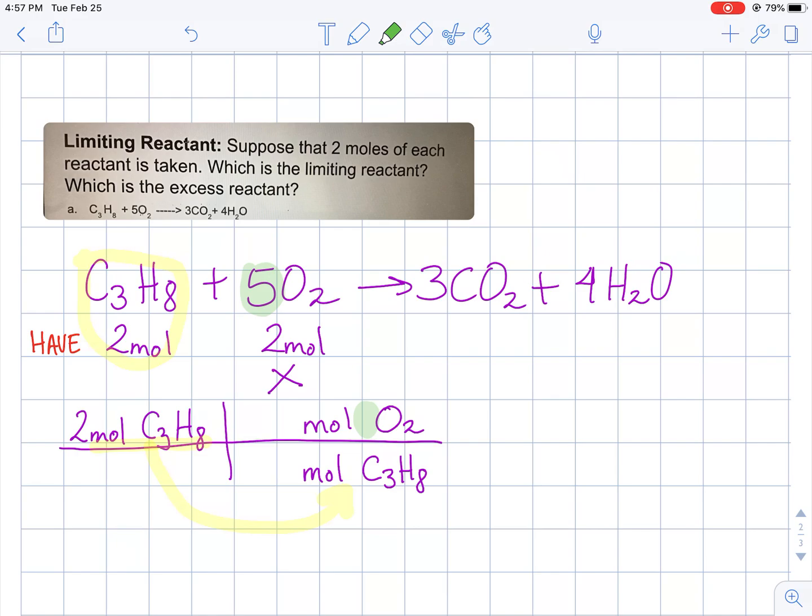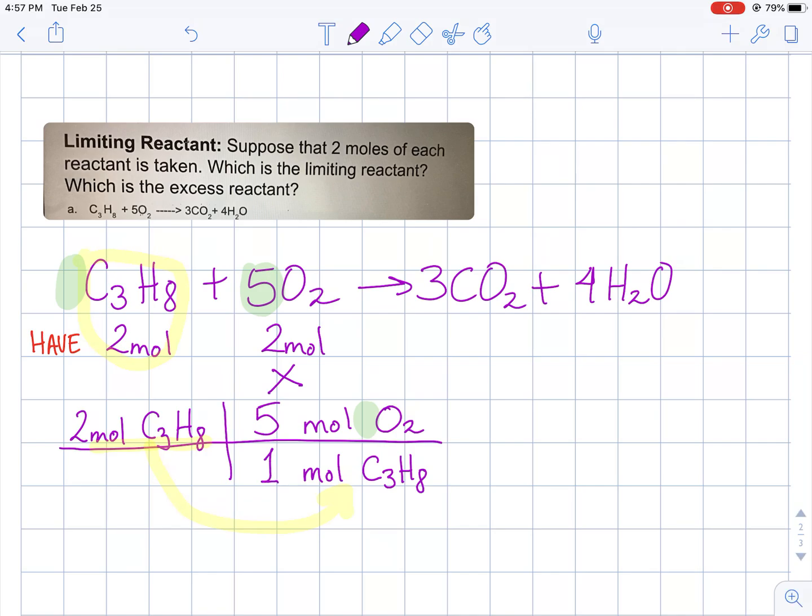Now that 5 that I just highlighted, it will go in here because it's indicating the number of moles. We're going to do the same thing for the other one. We're going to look at the prefix here, and it doesn't have a specific number, but if it doesn't have anything, it's 1. So 1 will go over here.